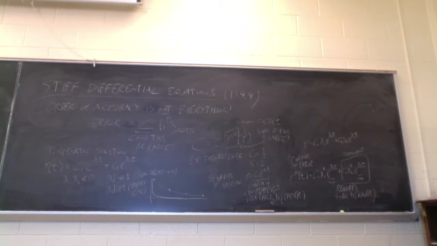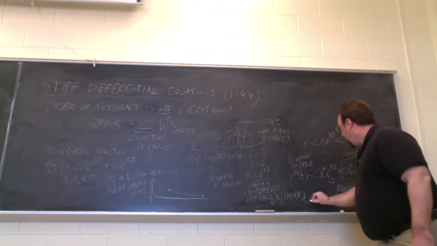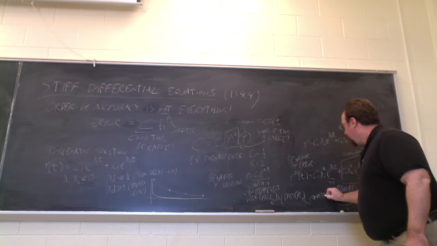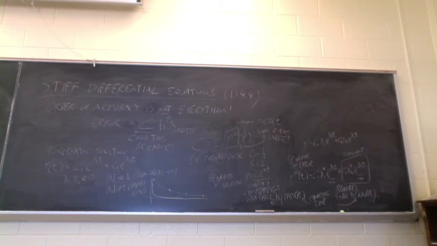Okay. Questions about any of this before I arrive at a definition of stiff? What do you mean slower? Like slower decay to 0? Well, in both cases, when I say faster and slower, I mean computing time. The smaller your h, the slower your computation will be, because of the number of steps.